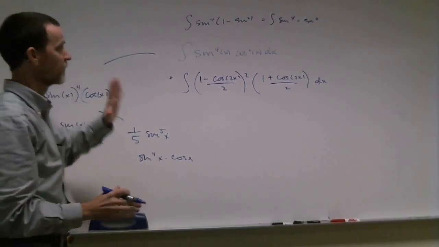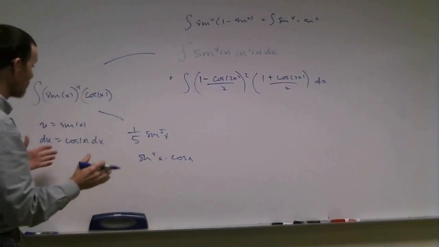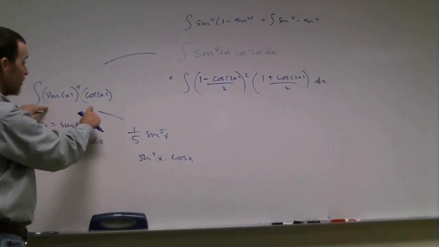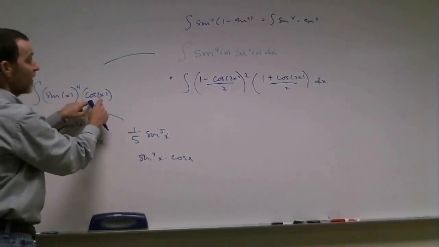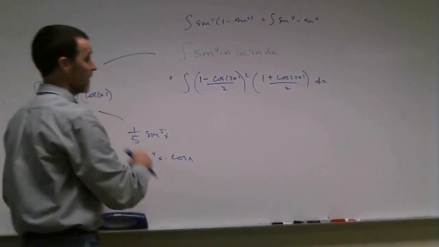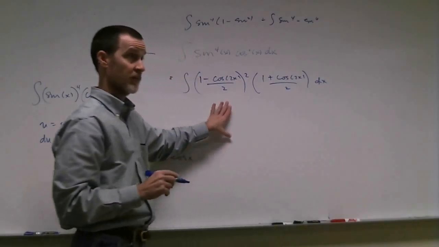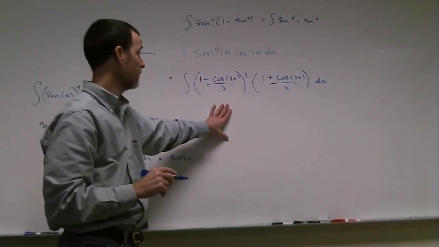Anyway, don't want to do 10 problems. Yes, but that's a good question. Why can't I just do a u-sub? Because the derivative, I've got one more cosine than I want. That's exactly right. Okay, you with me, Gerardo, where I'm starting out?